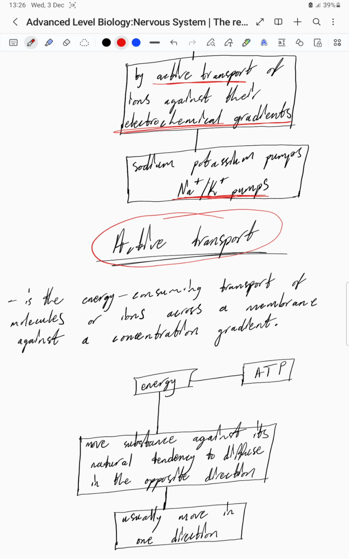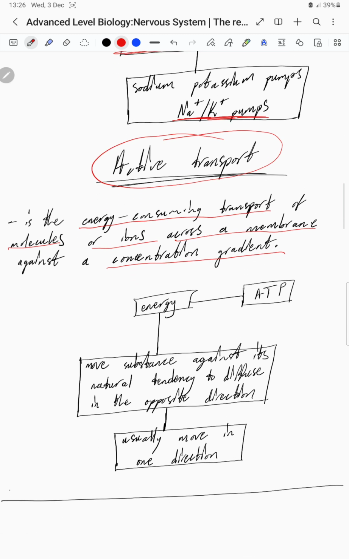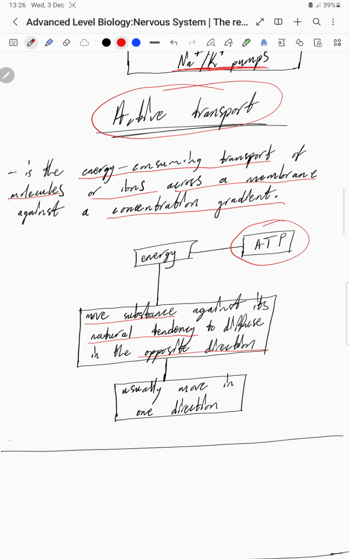Active transport is the energy consuming transport of molecules or ions across a cell membrane against the concentration gradient. So we have got energy in the form of ATP. This energy will be used to move a substrate against its natural tendency to diffuse in the opposite direction. It usually moves in one direction.